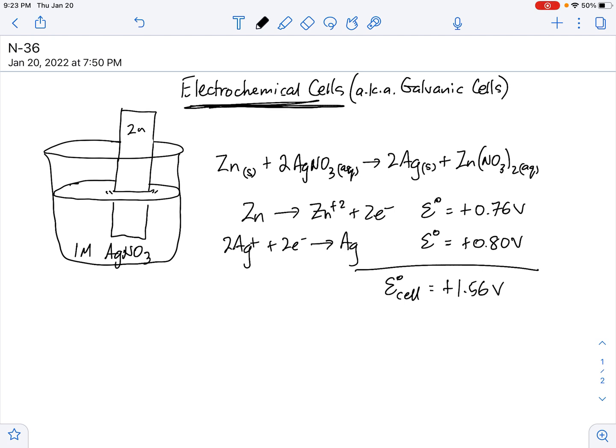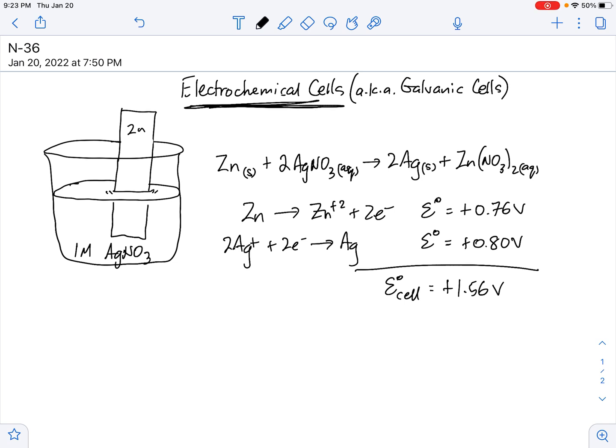And if you actually put a piece of zinc into silver nitrate solution, you'd see really cool flakes of silver forming on the outside of the zinc, and the zinc would slowly get corroded away and dissolve, and your solution would build up in zinc ion concentration, and your silver ion concentration would go down.